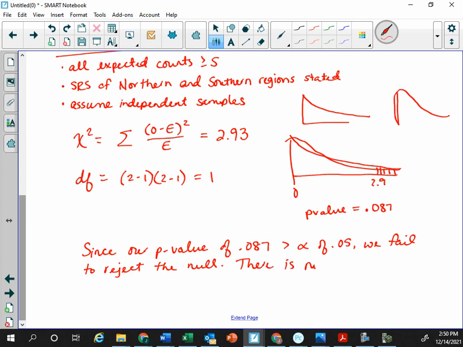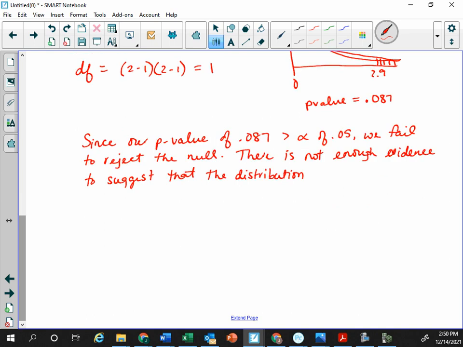There is not enough evidence to suggest that the distribution of candidate decisions is not the same in northern and southern regions.